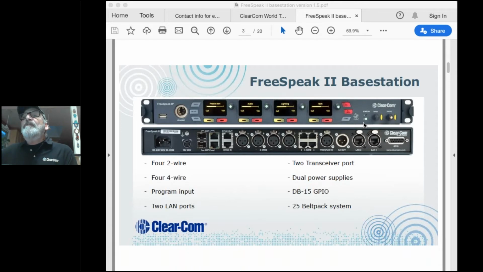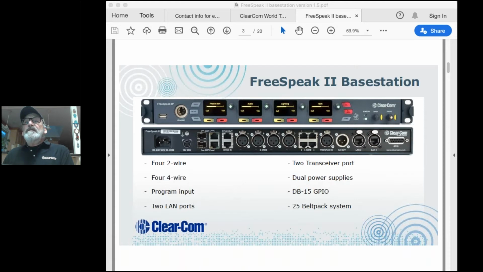So anything that I've plugged into my program audio XLR connector in the back, that will allow me to hear that on my headset as I turn that up and down. Now, as far as the belt packs are concerned, the belt packs can also hear that program audio. You can associate it with a channel, or you can just have it as program audio there. So that pretty much covers our front panel.